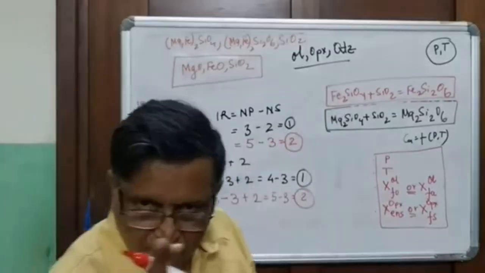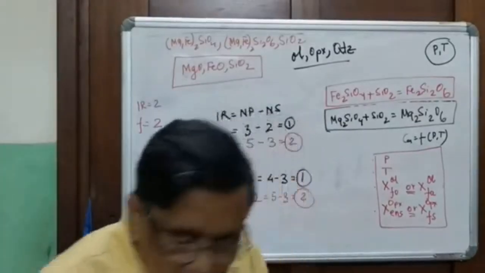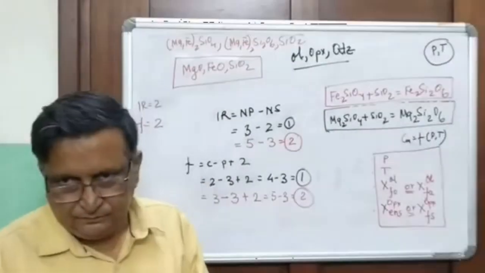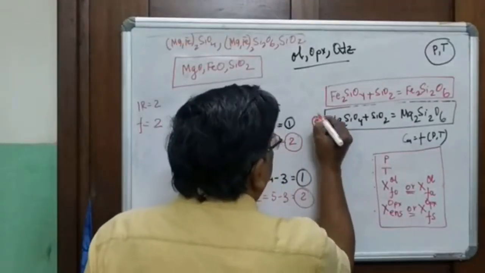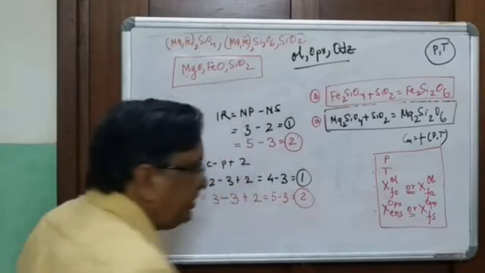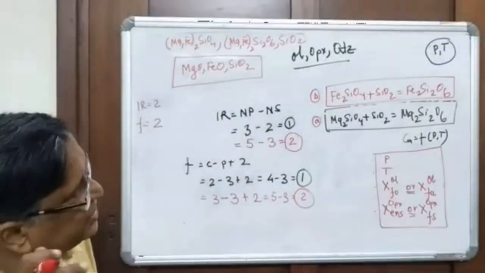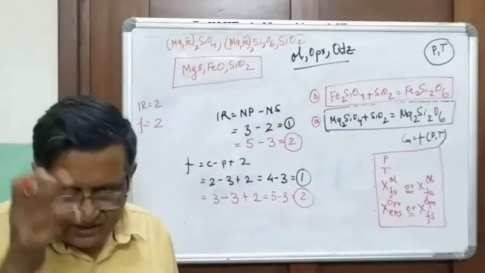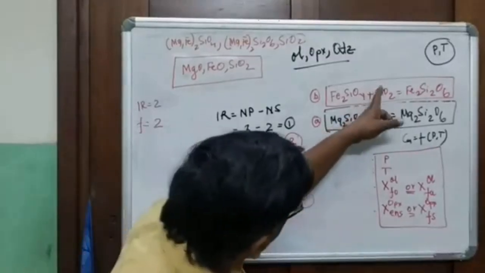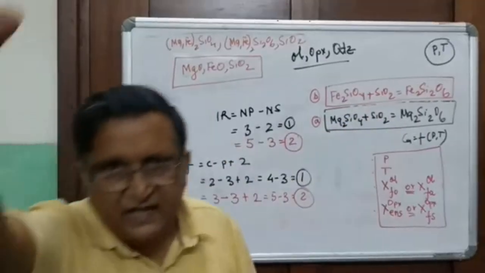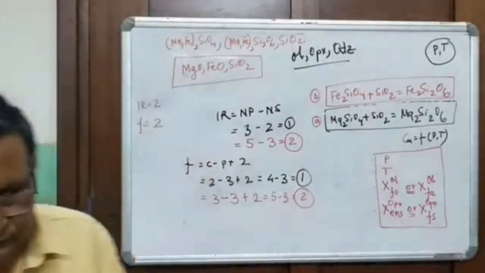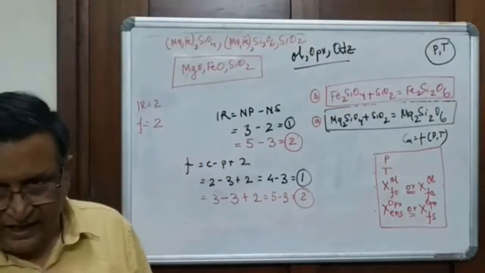So you already have 2 independent reactions. But you can have another reaction. Let's say this is reaction A, this is reaction B, and you can do another reaction C. How? Let me show you. You subtract A from B, eliminating SiO2.